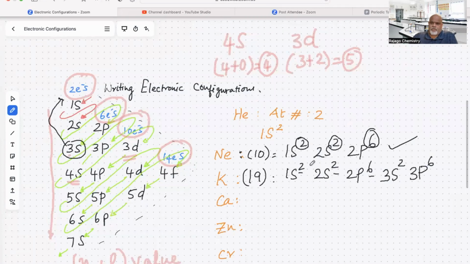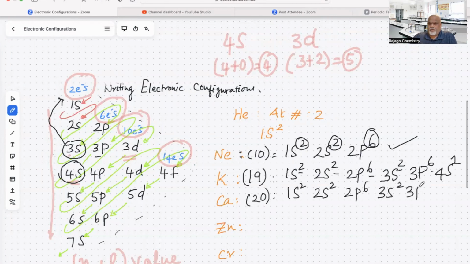So 2 plus 2 plus 6, 10, 12, 18. So 18 is done, but I have 19. After 3p, the electron is not going to 3d, but it's going to 4s. So 4s1. If it is calcium, that is 20, that's 1s2, 2s2, 2p6, 3s2, 3p6, simply 4s2.